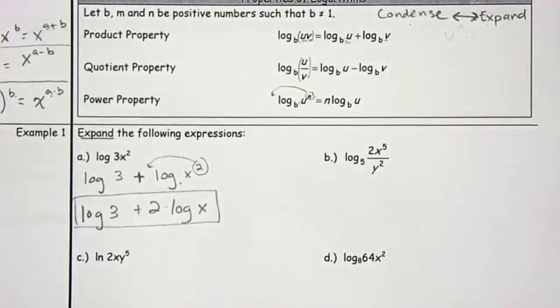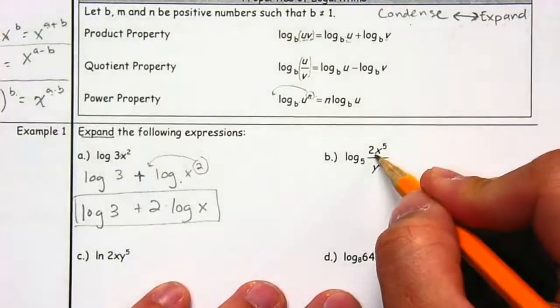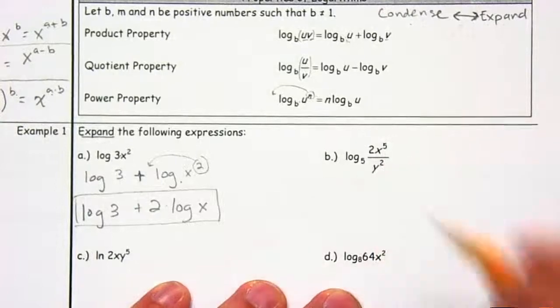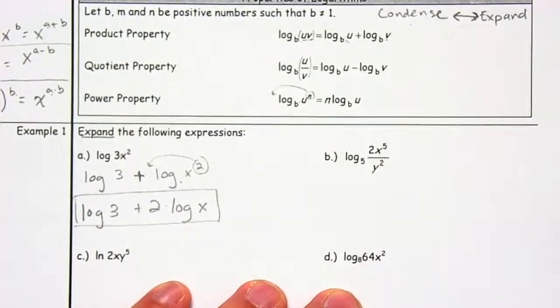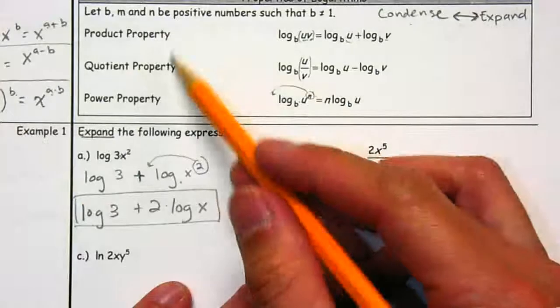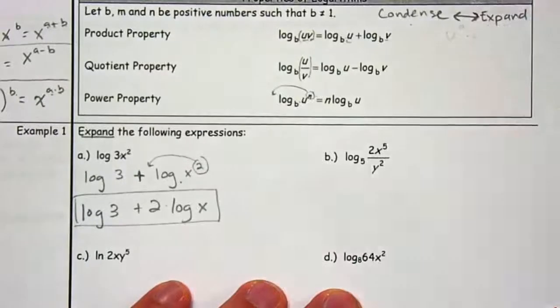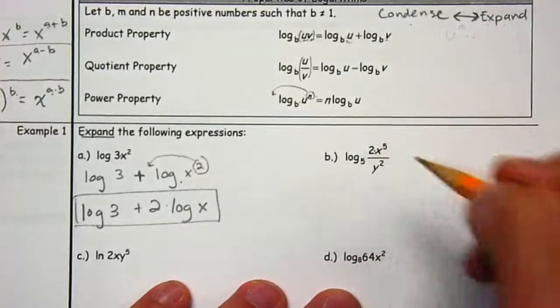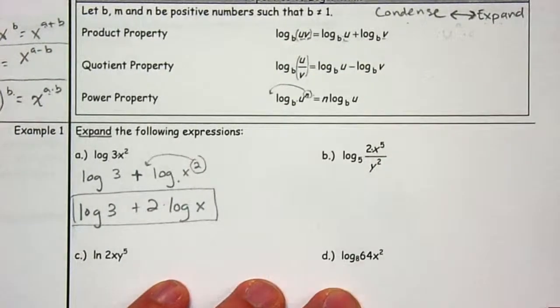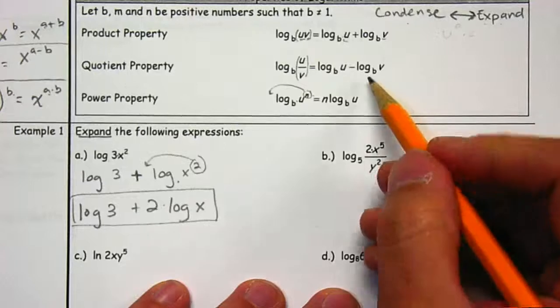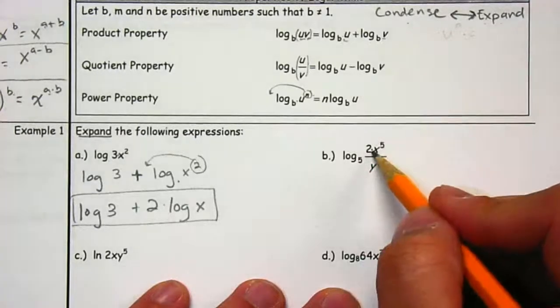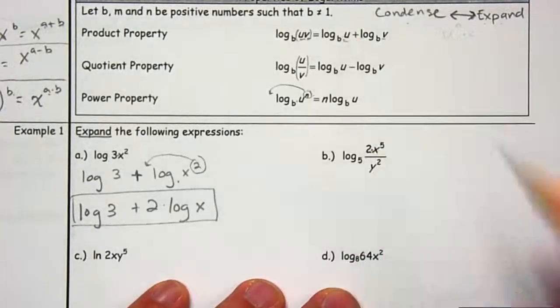Let's try another one here. Here I have log base 5 of 2x to the 5th over y squared. So we're going to try and expand using the product and quotient property first. Notice I have a times here and a divide or a fraction here. So anything on the bottom is what's being subtracted. Anything on top, which is being multiplied, is what's being added.